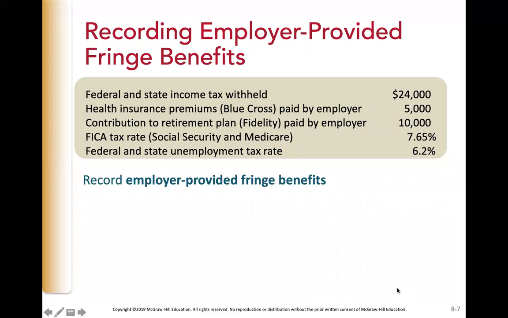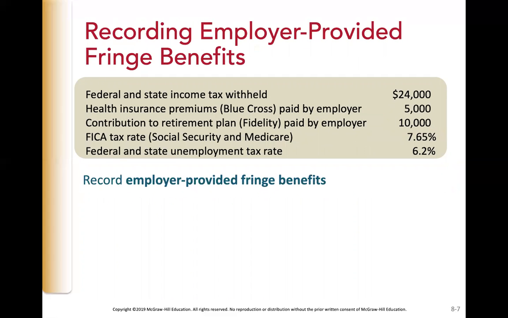Next, we're told to record employer paid fringe benefits. Remember, employer paid fringe benefits are expenses paid by the employer on behalf of the employee. So do we see any fringe benefits?